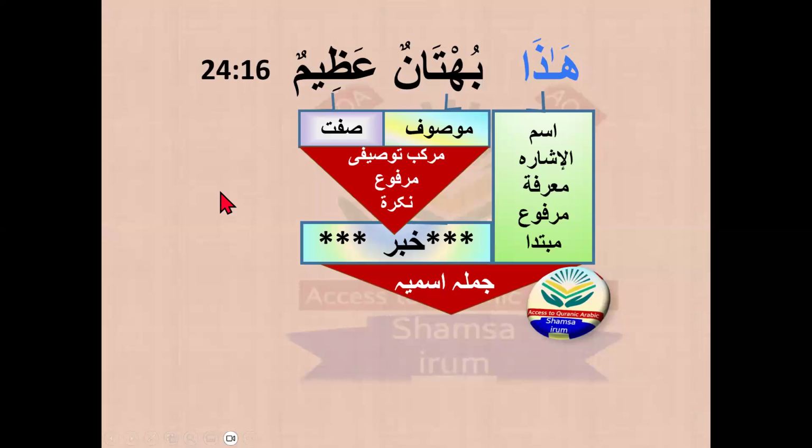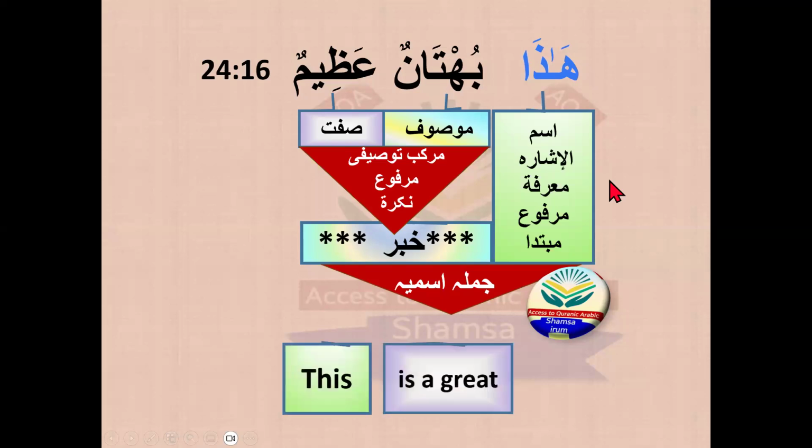Mubtada khabar, jumla ismiya. So we will do the translation first. The mubtada is haza: this is a great slander. The sifa is azim. This pattern is on the wazn of fa'il. So I will tell you to take one page and write on the top as a main heading fa'il.